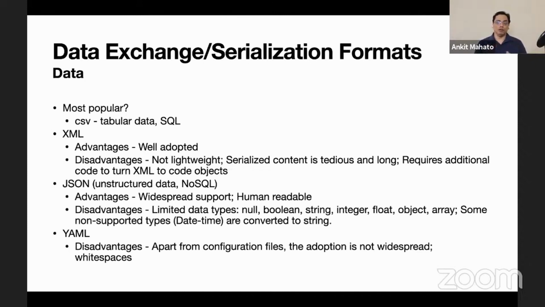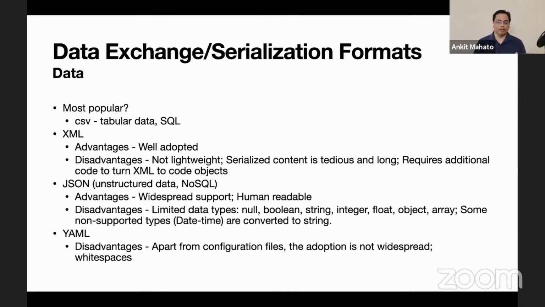JSON is one of the most used formats for unstructured data, and it is the data exchange format of the web. All our APIs and web apps use JSON to transfer, transmit, and process data. So it has widespread support.